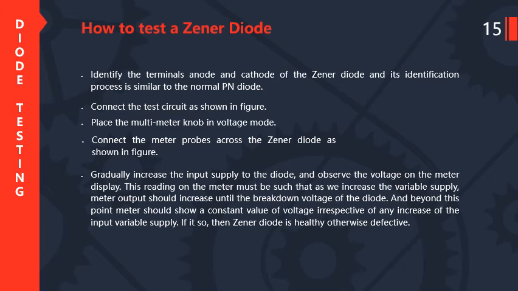The reading on the meter must be such that as we increase the variable supply, the meter output should increase until the breakdown voltage of the diode.